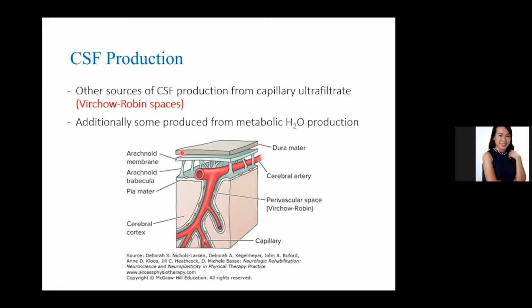So you can see here on this picture, we see the dura mater, the arachnoid membrane, we have the arachnoid trabecula. Now, for example, traversing this arachnoid membrane is a cerebral artery, and then there are capillaries that give oxygen or other sorts of nutrients within the brain tissue.